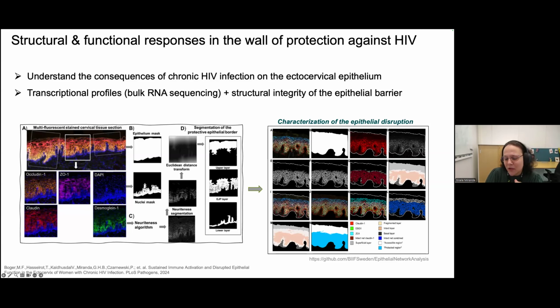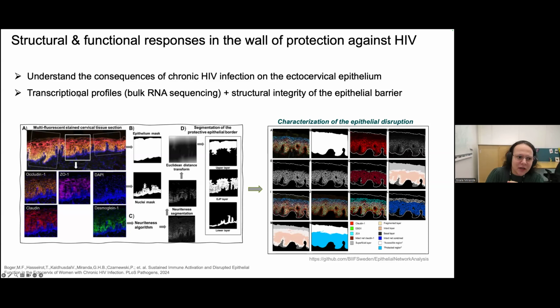So here we can see that we could segment this layer and then finally reconstruct here the model of the net. So when this net is disrupted, then we have, of course, the area occupied in the tissue. It's smaller, and then it allows the virus to go through all these layers.